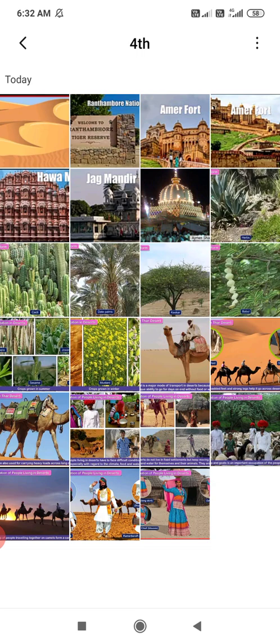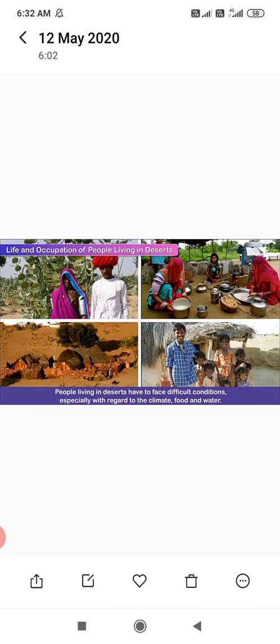When we talk about the people living in this area, they have to face difficult conditions, especially with regard to climate, food, and water.